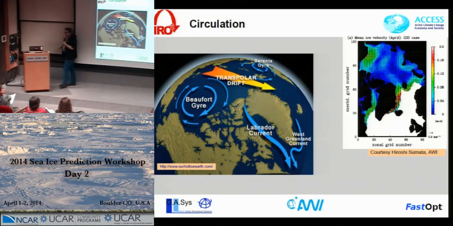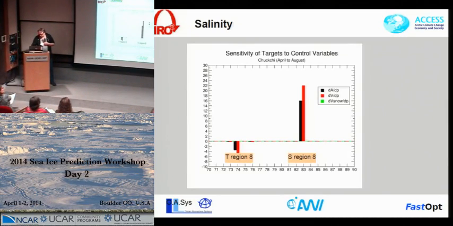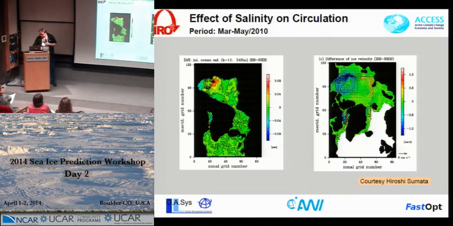But now we can go even further. We can look at all the sensitivities, the gradients which we have. And then we can see we have a strong gradient regarding the salinity in region 8. So what's that? Why is that? Here's an example from another data assimilation experiment we made, where we assimilated ice drift.